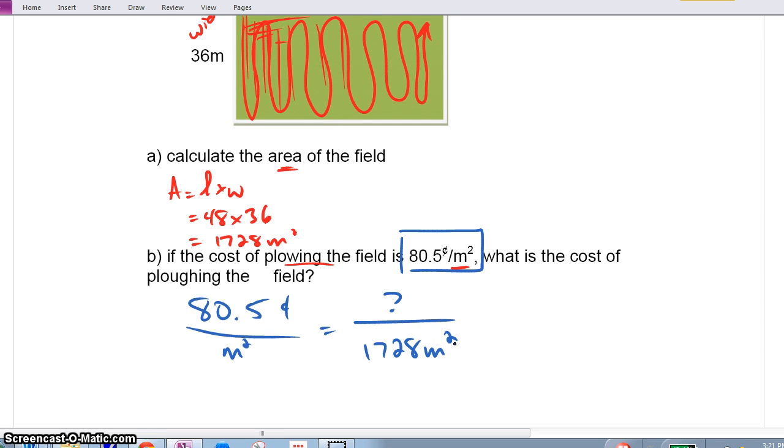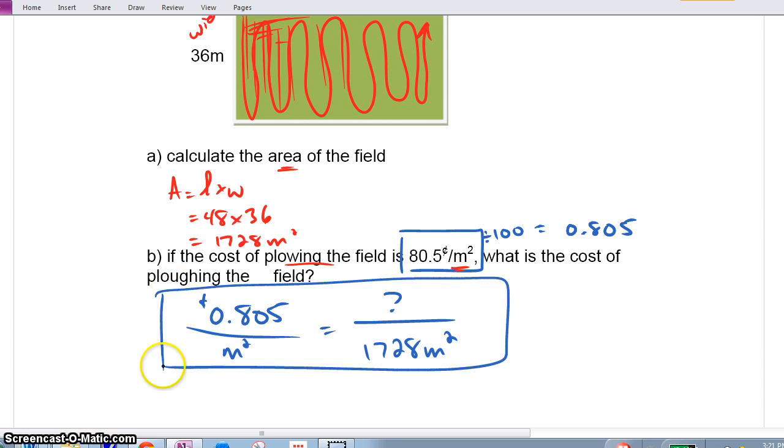Now I'm thinking we're going to start working with some pretty quick numbers here. So maybe instead of cents, I want to actually just work in dollars. So if I divide by 100 cents in a dollar, I'm going to get $0.805. So I'm going to use $0.805 in my math here, in my steps here. And now, just like this is a proportion again.